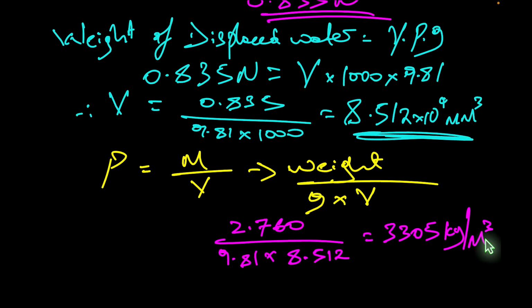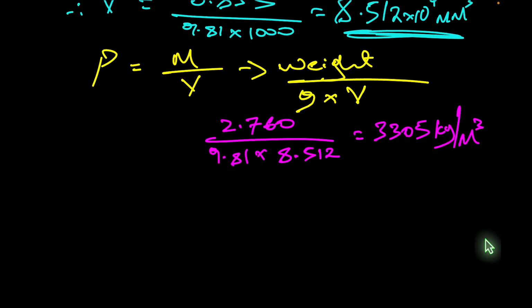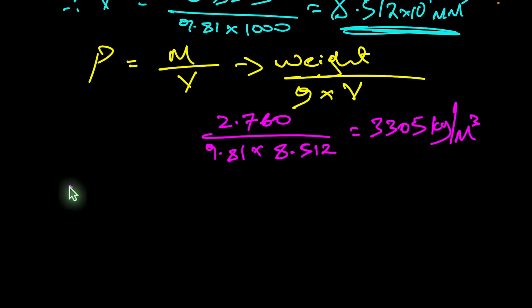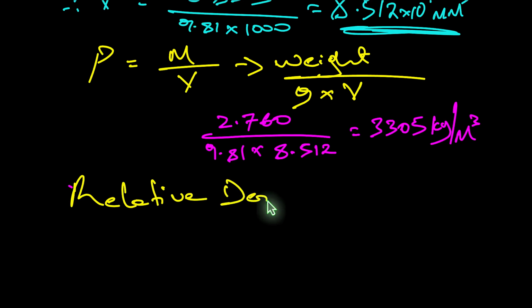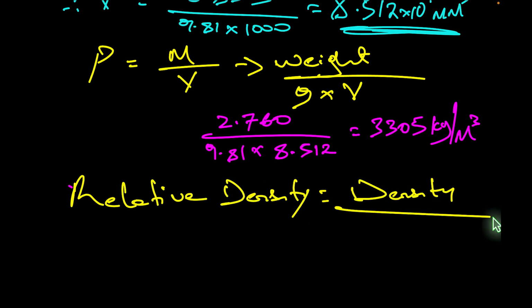And the last bit, which is probably the most straightforward bit, is to analyze what our relative density is. So for the relative density, it's just the density divided by the density of water. I'll just write H2O for water.